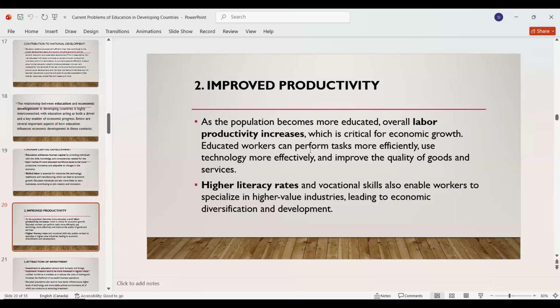Even now it's trending in Sri Lanka, the technology field. They introduced it, so many children have applied for it, and now I think the first group of students are in the campus. So improved productivity and higher literacy rates and vocational skills also enable workers to specialize in higher value industries, leading to economic diversification and development.